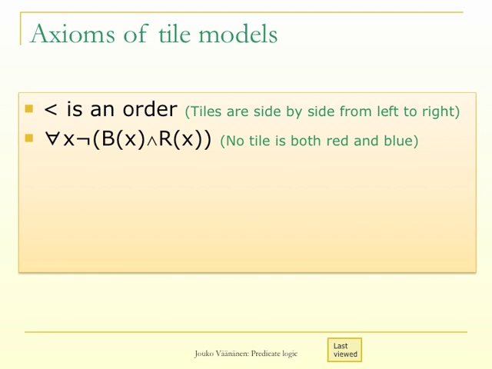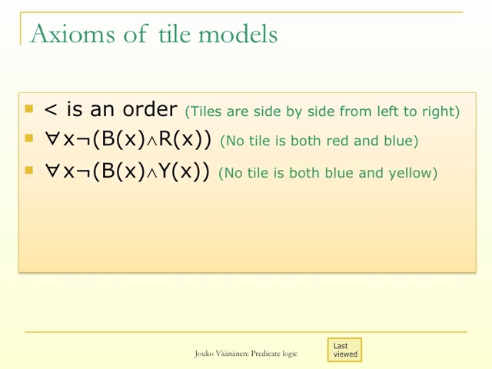For all x, negation, left parenthesis, bx and rx, right parenthesis. Remember that bx is the predicate x is blue and rx is the predicate x is red. Think of tile models in terms of our axioms, then bx just says nothing. It is just a unary predicate.